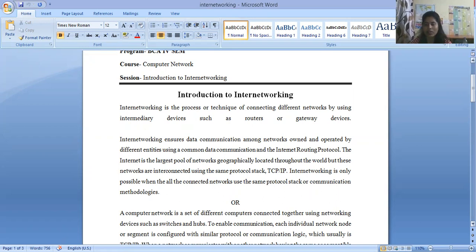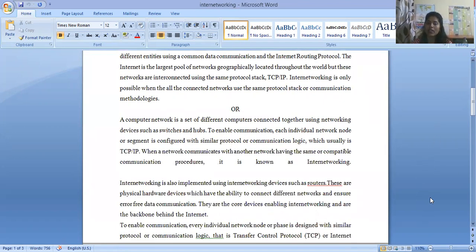Internetworking is only possible when all the connected devices or networks use the same protocol stack or communication methodology. So you can easily see that internetworking is basically done if all the networks in that particular area follow the same type of protocol stack and communication methodology.